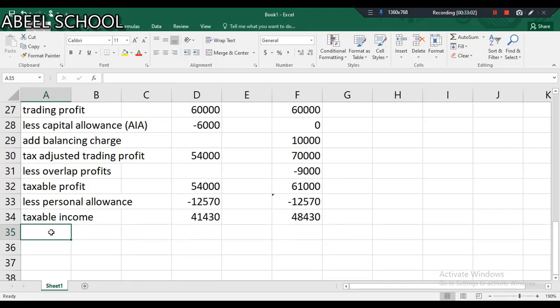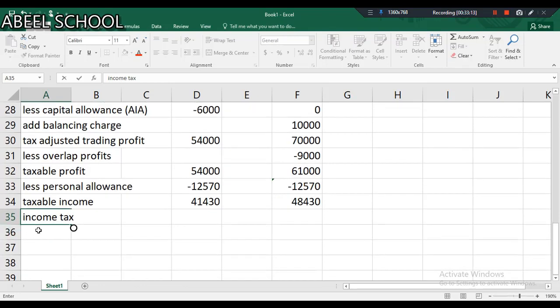We have to calculate for the tax year 22-23 and 23-24 separately. So let's calculate income tax. Basic rate band is having a limit of 37,700. Applicable tax rate is 20%.